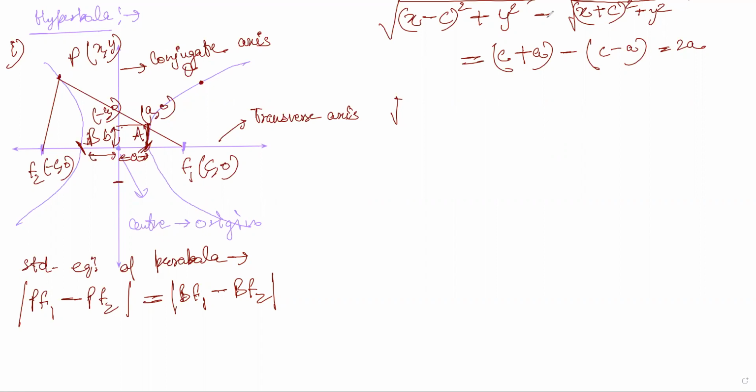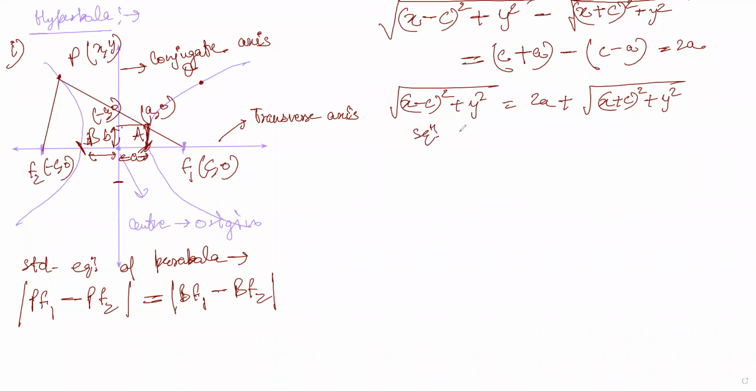Now we will square this and find out the equation in general terms. So I'll take this to the right hand side. This will become positive. I'm basically taking the square of this. Root over x minus c whole square plus y square is equal to 2a plus root over x plus c whole square plus y square.